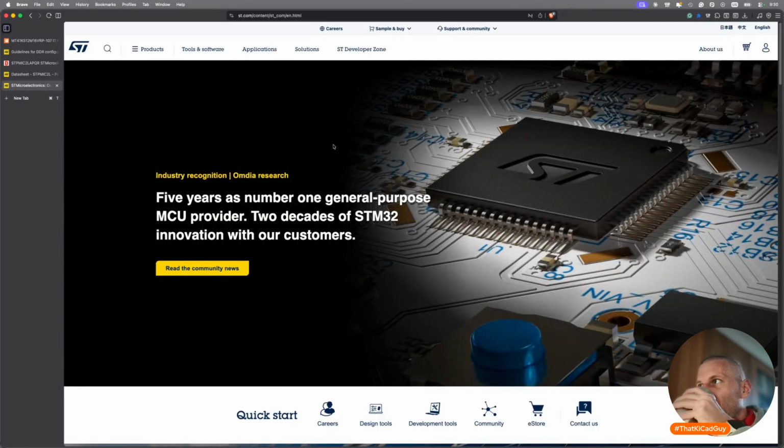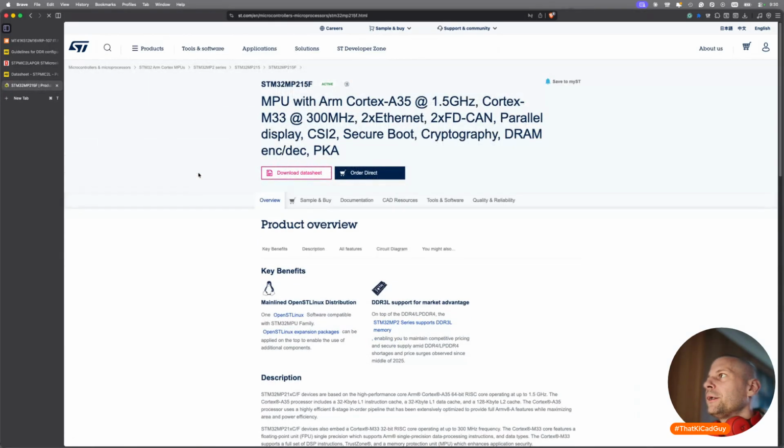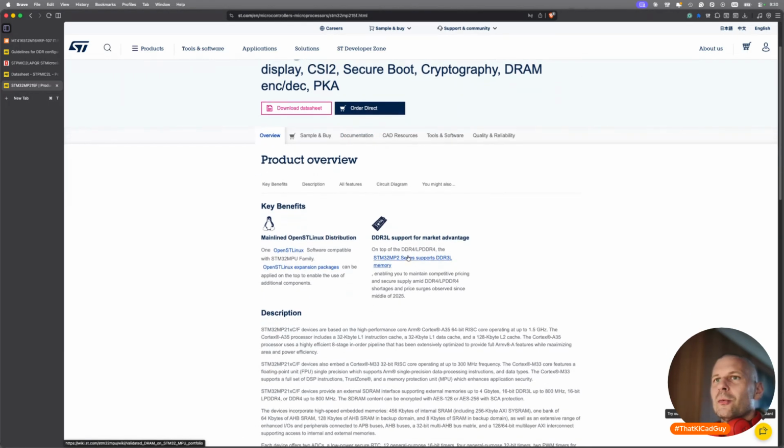But yeah, you can see on the STCOM, it's a miracle of UX. When you open the main site, the search field is here. Yeah, so watch me, MP215F. And when you open the product page, yeah, it's still on the left side, but yeah, you will see in a while it will be on the right side.